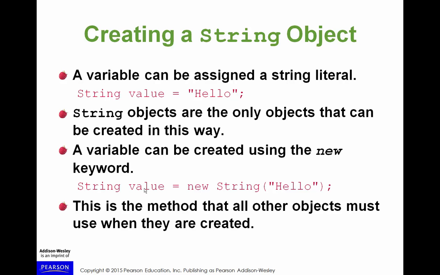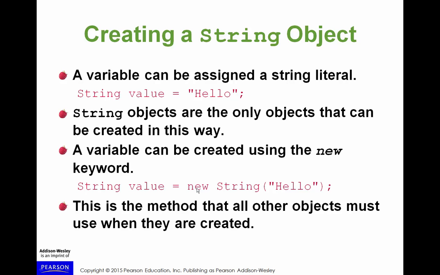You'll notice in Java, when we create objects, you're going to see something that looks more like this. So we can declare the variable value and create it as a string object. We put the type here, which is string, which is a class, and then we say we want a variable to represent an object of that class. So type string, the name of the variable is value, and that creates a space for the object.